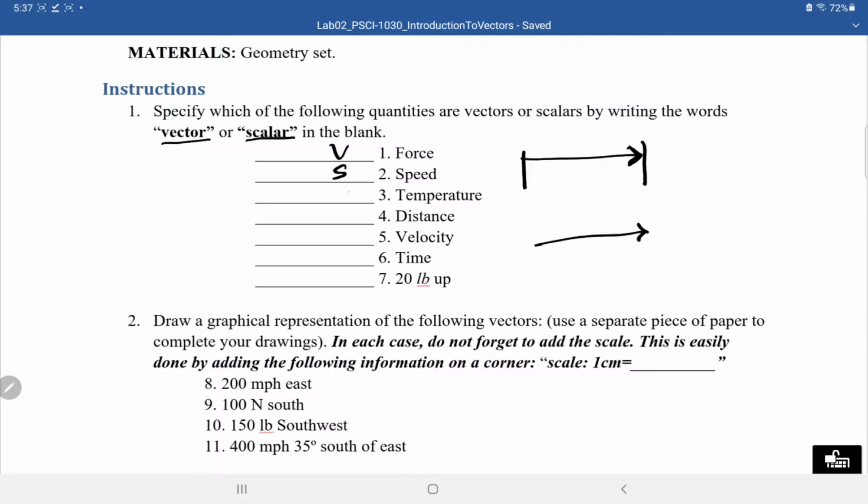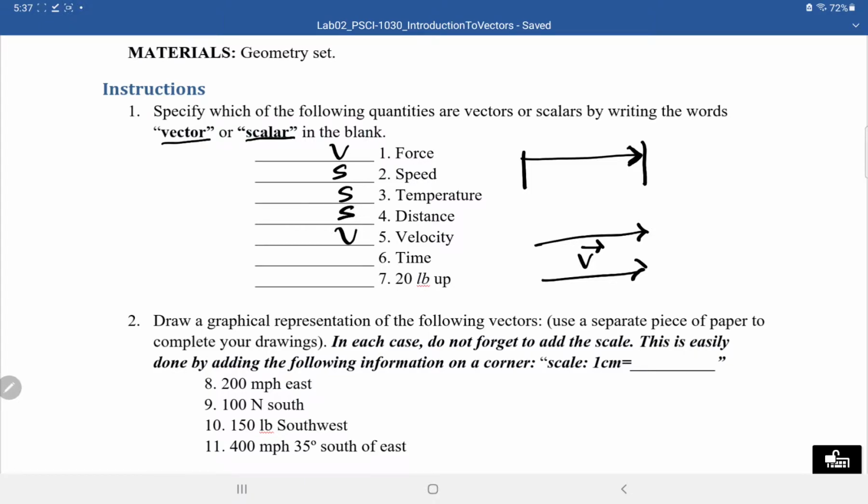Temperature also has magnitude only. We don't need direction. When we say 10 degrees Celsius or 10 degrees Fahrenheit, we just say the number, not its direction, right? Similarly, distance is a scalar quantity, and velocity has magnitude as well as direction, so it is a vector. So I can write down vector here.